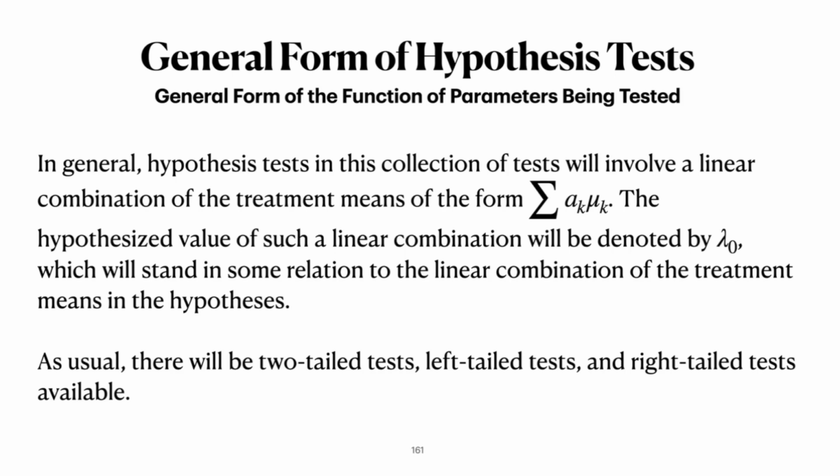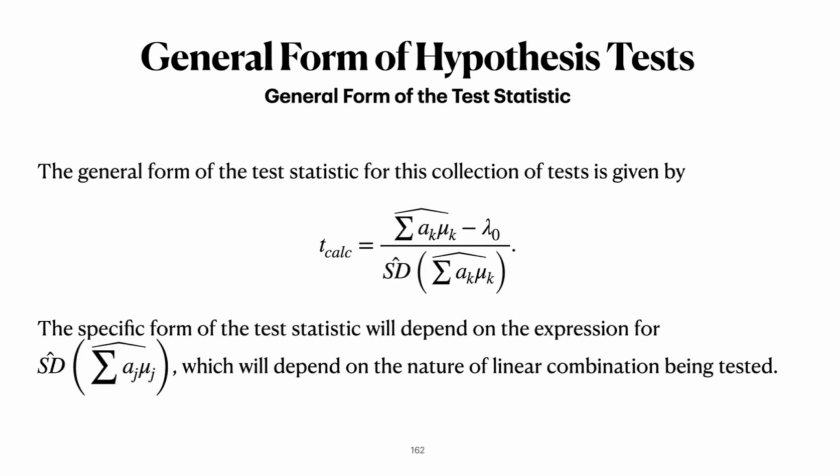As usual, there will be two-tailed tests, left-tailed tests, and right-tailed tests available to us. The general form of the test statistic for this collection of tests will be denoted by t-calc, and in general, it's going to be the ratio of the difference between the estimated value of the linear combination and the hypothesized value, lambda sub 0, divided by the estimated standard deviation or standard error of the estimator of the linear combination itself.